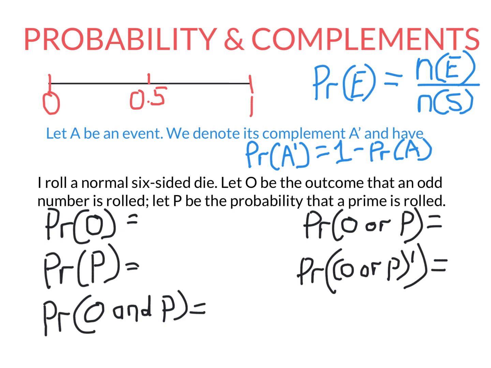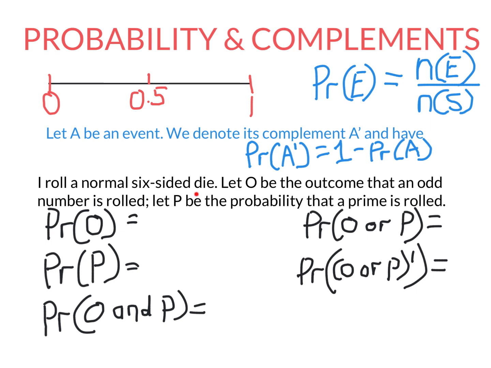So just as percentages add to 100%, probabilities add to 1. For that reason, if you know the probability of an event, the probability it does not happen is just 1 minus the probability it does. So if there's a 0.3 probability that it will rain today, there's a 0.7 probability that it will not rain today.